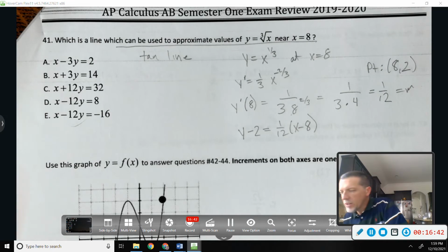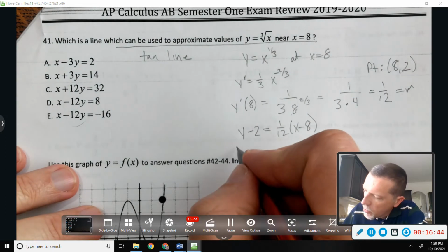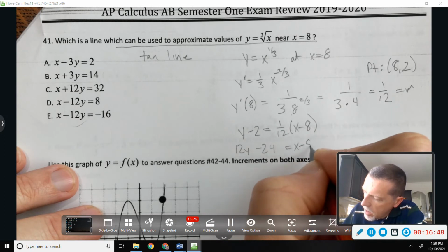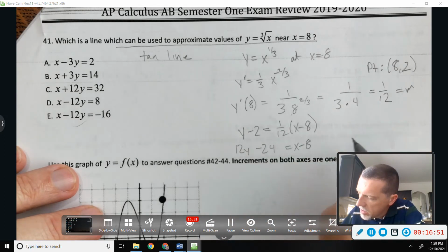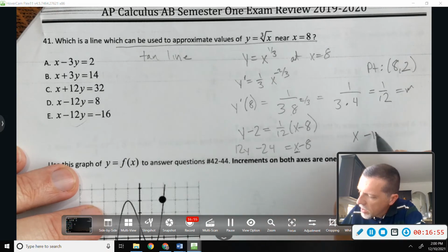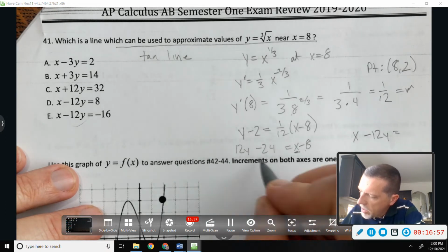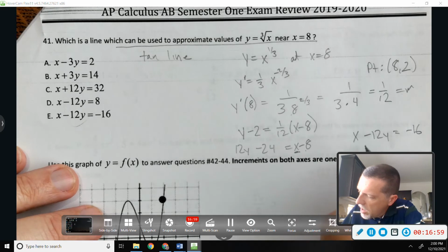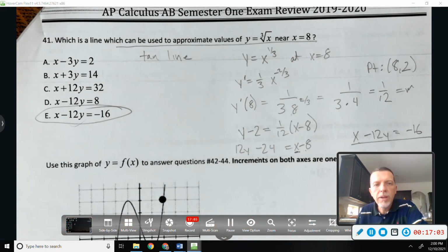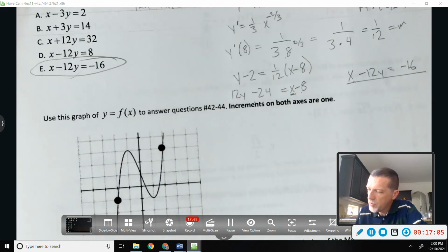Granted, that does not look like any of those, but if we multiply through by 12 and move things around, so we'll leave the x there, subtract the 12y, add 8 to both sides, x minus 12y equals negative 16. So a little bit of calculus, a whole lot of algebra.